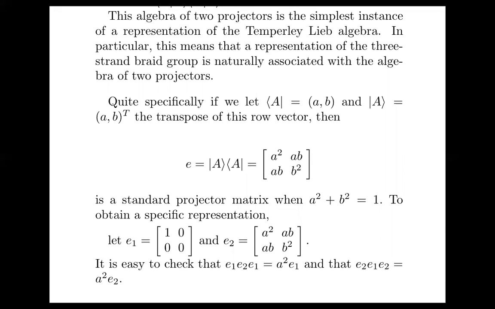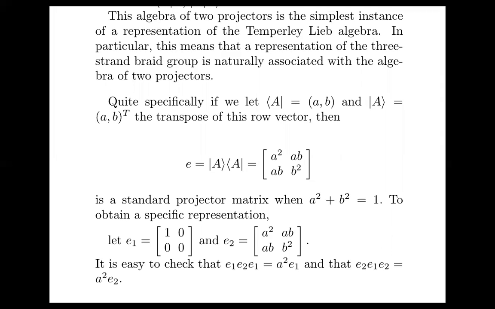And now let's suppose that the bra A is a little vector (a, b), and the ket A is its transpose. So then the ket bra E is the matrix with entries a squared, ab, ab, and b squared, this little projector matrix, where a squared plus b squared equals 1.